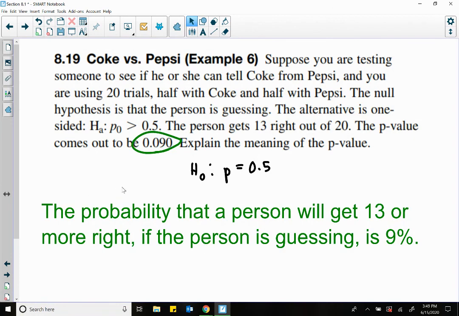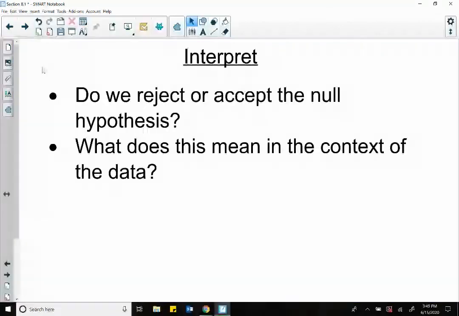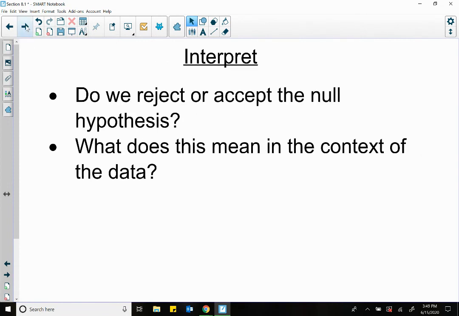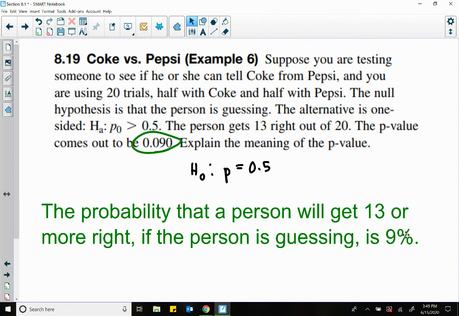But again, in 8.2, we're going to talk more about the real meaning behind what it says, that a test statistic will have a value as extreme as or more extreme than the value we actually observed. So there's a 9% chance that if we repeat this, we will get 13 or more right. There's another way of thinking about that p-value.